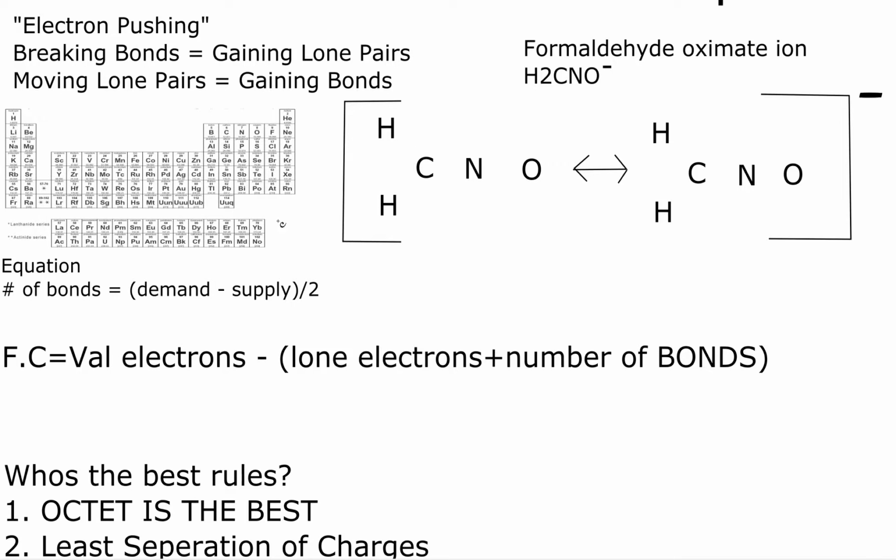Let me clean that up. So our demand is 28 minus our supply. Our supply is how many valence electrons each atom can actually contribute. Hydrogen is found in group 1, so it contributes 1 valence. Carbon is found in group 14, so it's 4. Nitrogen 5, oxygen 6.